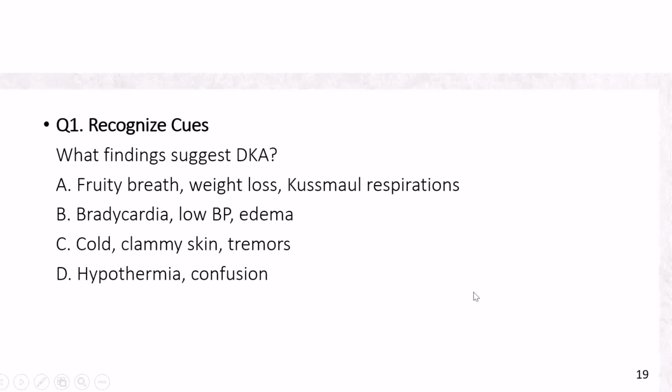So in recognizing cues, I'll be running through quickly for you. Which finding will suggest diabetic ketoacidosis? Fruity breath, weight loss, Kussmaul respirations; bradycardia, low BP, edema; cold, clammy skin, tremors; hypothermia and confusion.